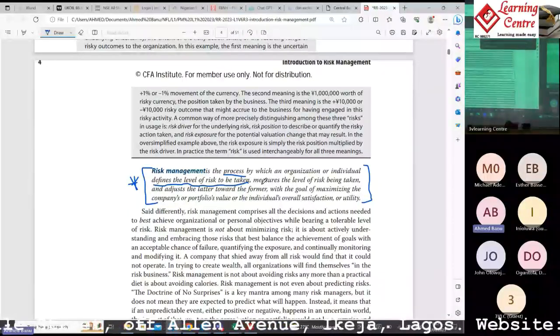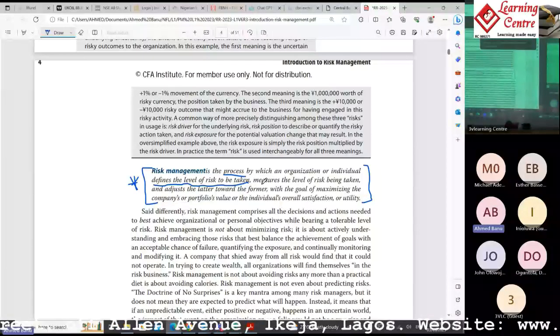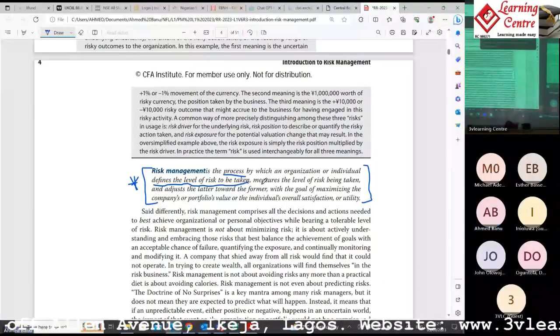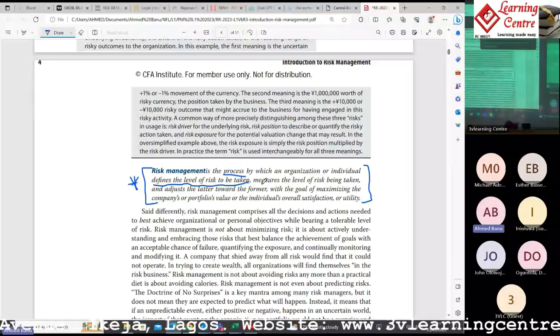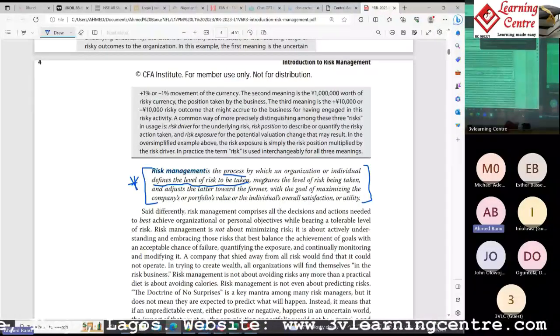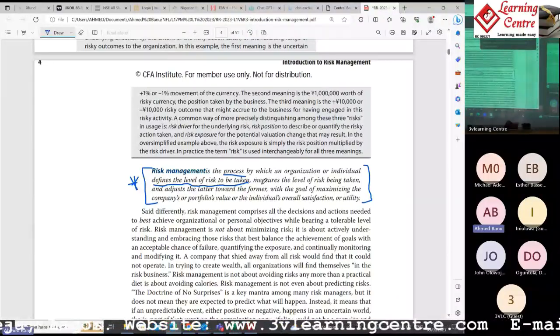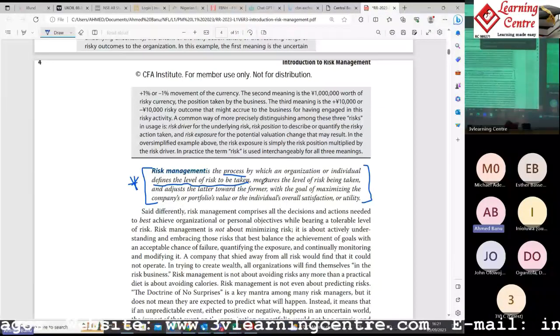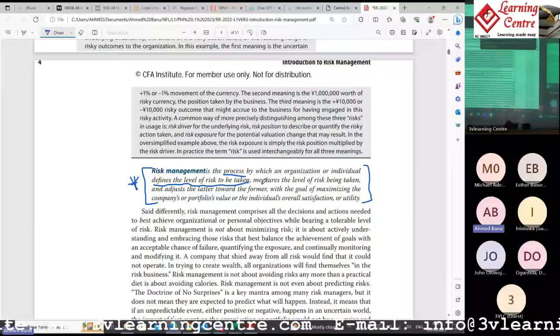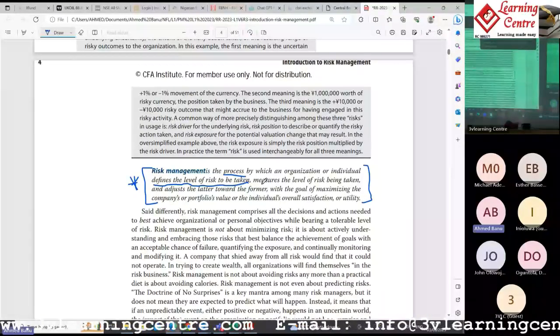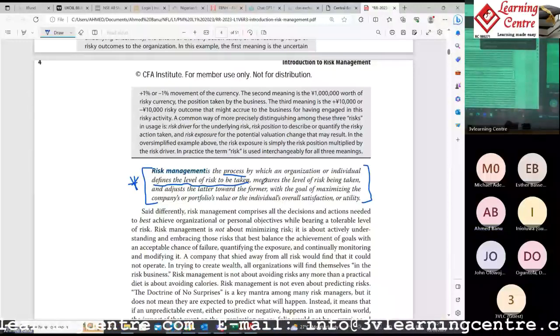So you tell yourself, my level of risk that I want to take is 10%. Then I take on risk and I realize the risk is 12%. Then what do I need to do? I need to adjust that 12% risk to align with what? With the level of risk that I've said I want to take, which is 10. That is what risk management is all about.